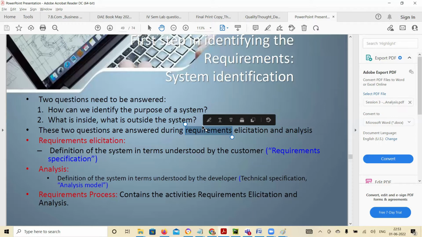Okay, so continue building it. Right? Okay. So definition of the system in terms understood by the customer. Let's say we are building a CRM solution. What is a CRM solution? Customer relationship management software.